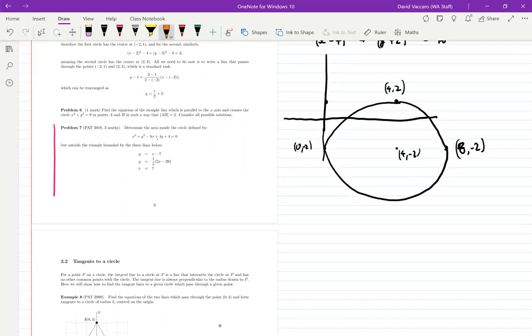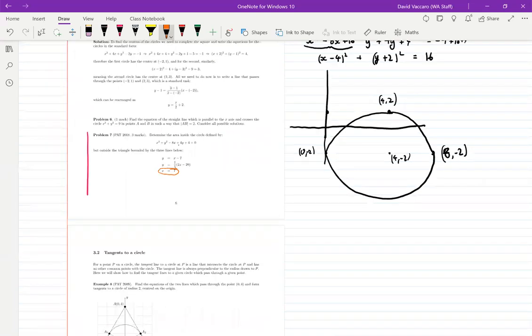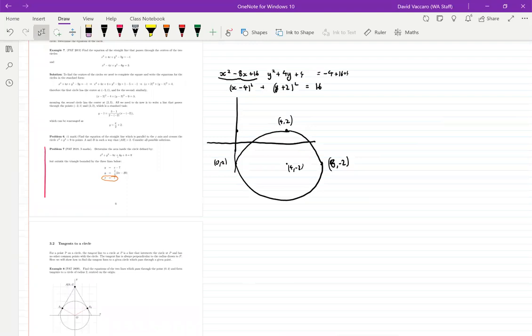Okay, let's now start thinking about the lines that they've given me. So one of the lines is x equals 7. Okay, so I can draw the line x equals 7. I can also find the coordinates of the points of intersection. So when x equals 7, we've got 7 minus 4 squared plus y plus 2 squared is equal to 16.